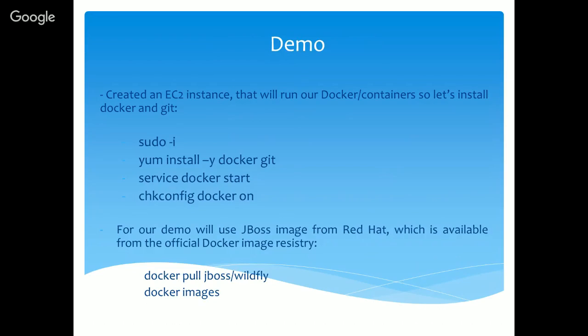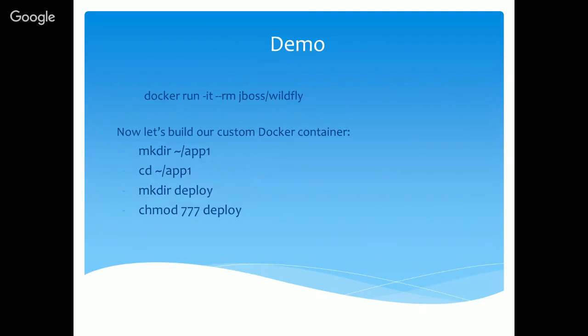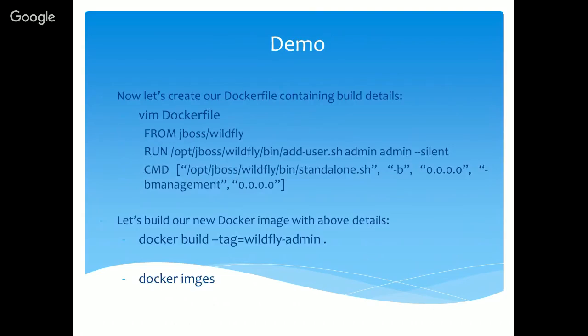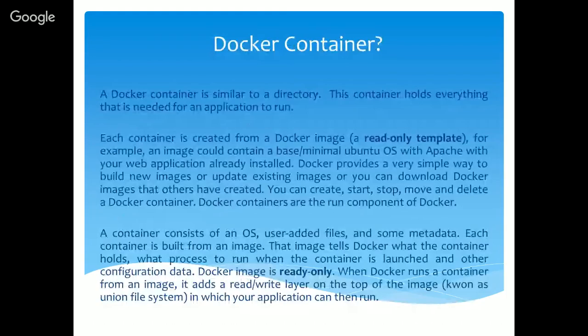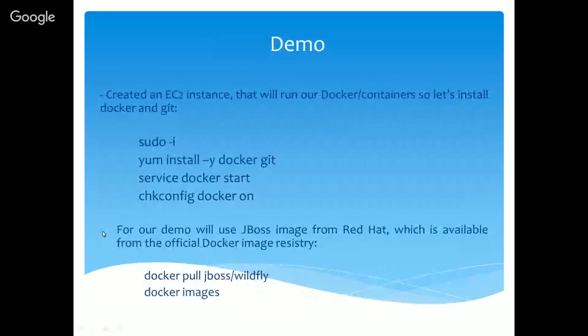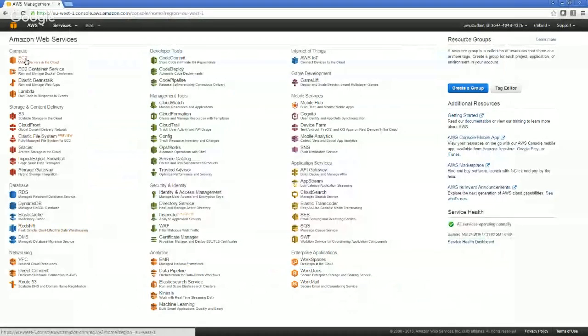I put together some slides that basically walk you through the certain commands, what we are doing, but I'm going to show you everything in a live demo. So let's go back and let me start sharing my Amazon EC2 console, and let's see how far along we are on the creation of my EC2 instance.